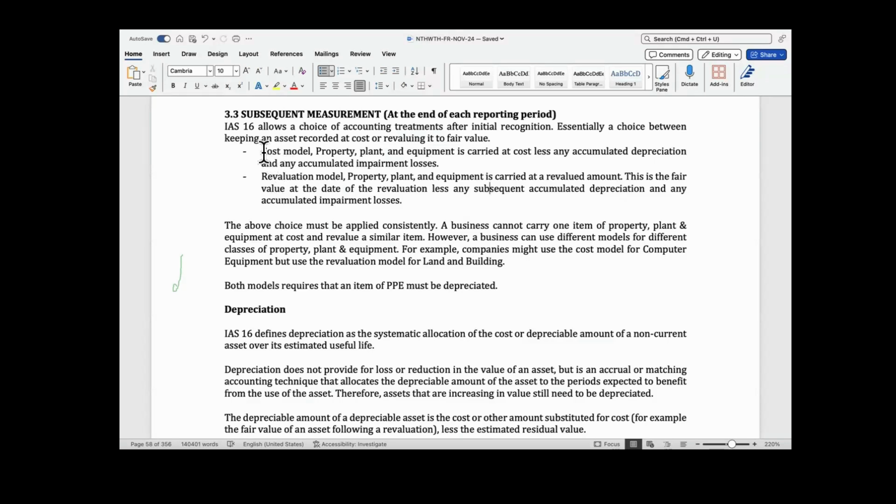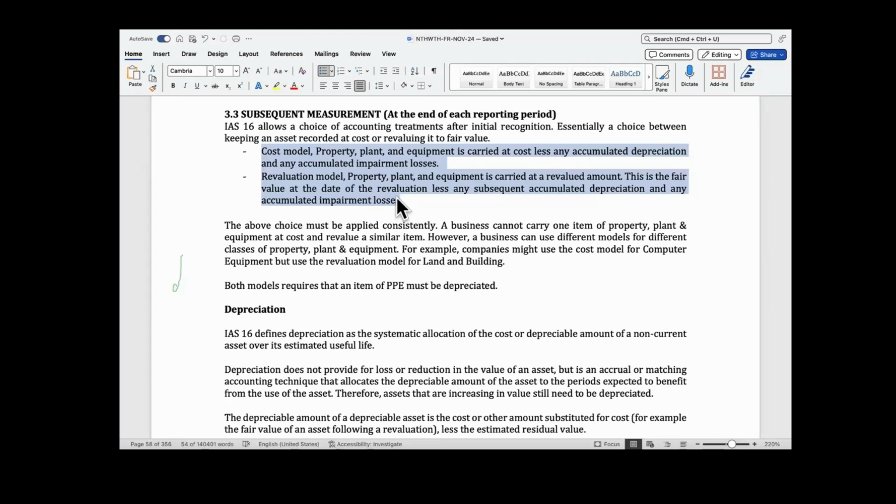You see, these two choices, you have to choose one at the end of the first year, and you have to be consistent with it. Don't forget, one of the features of financial statements is consistency of presentation and treatment. So when you choose cost model, you must continue to use cost model till the useful life of the asset ends.